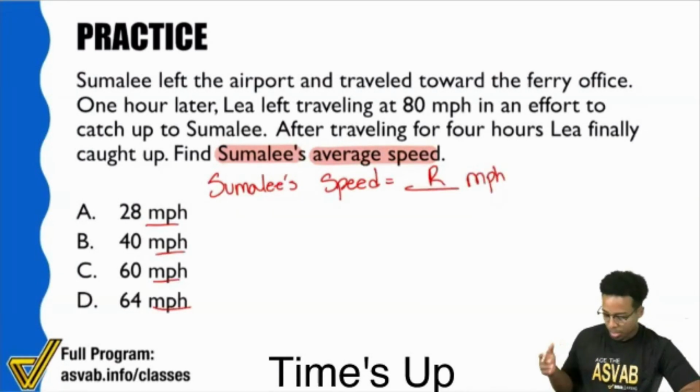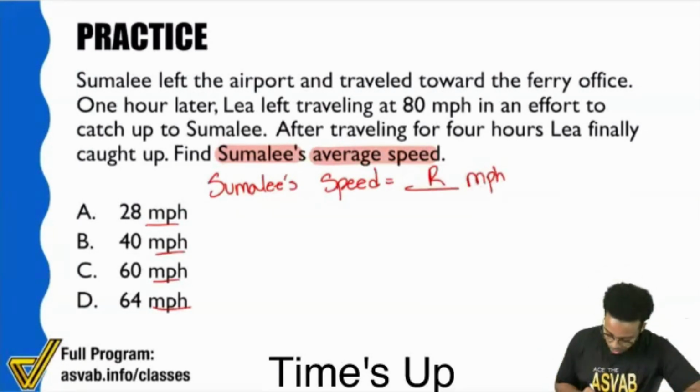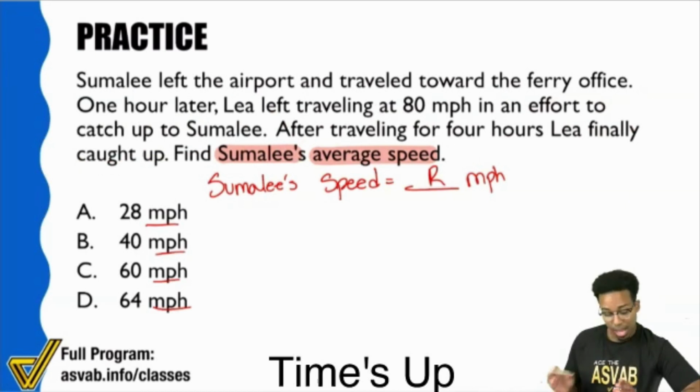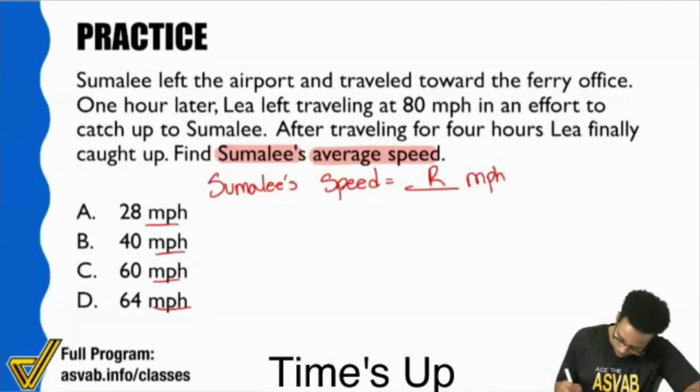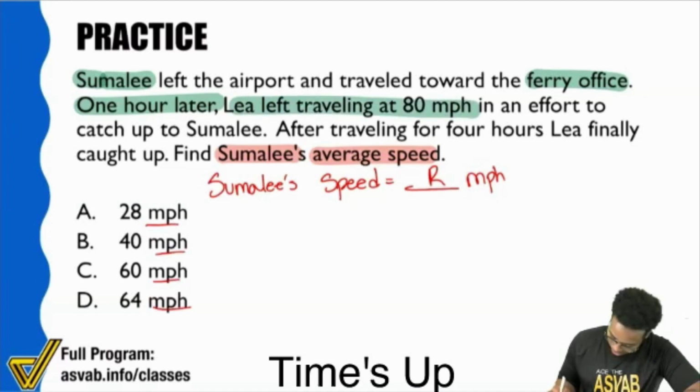Sounds good. Now I'm going to grab all the other numbers. Suma Lee left the airport and traveled toward the ferry office. 1 hour later, Leah left traveling 80 miles an hour in order to catch up. After traveling for 4 hours, Leah finally caught up. Okay, that was a lot, but what I ended up seeing was this. Suma Lee traveled toward the ferry office, and then an hour later, Leah left traveling 80 miles an hour.